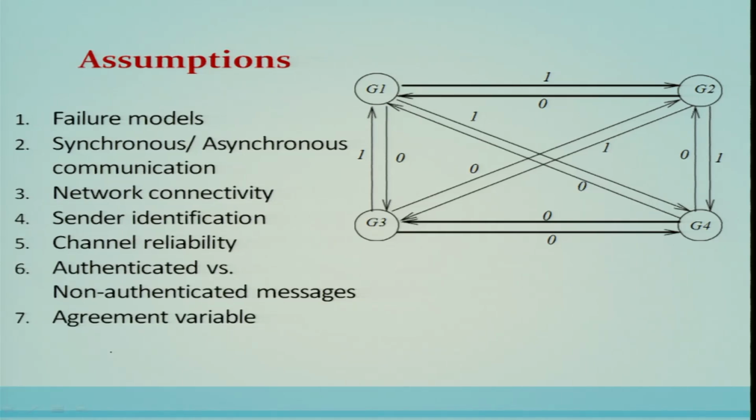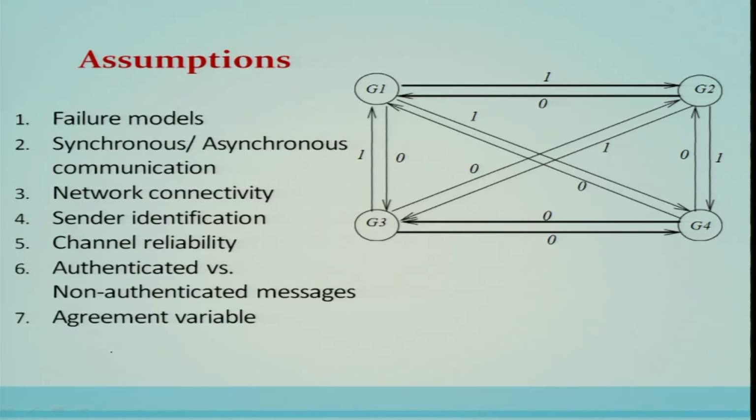Then other assumptions we have to make are network connectivity, sender identification, channel reliability, authenticated versus non-authenticated messages, and agreement values. These are the different assumptions which we have to make in the algorithms. We are going to discuss them one by one in the coming slides.